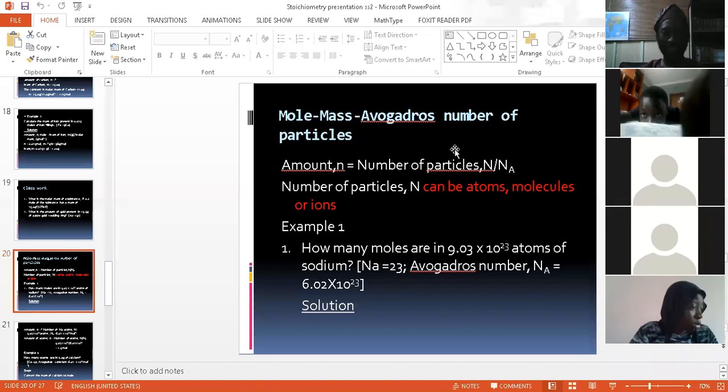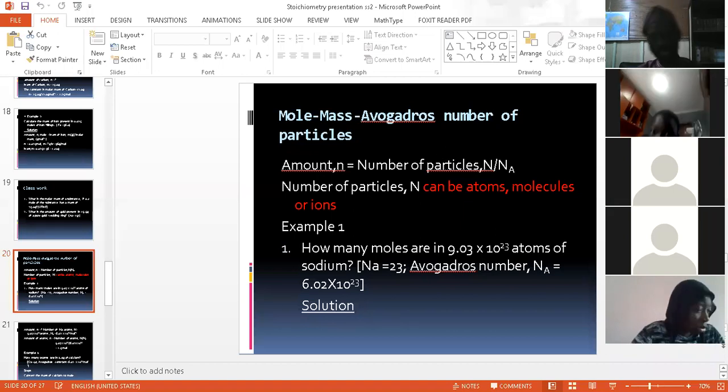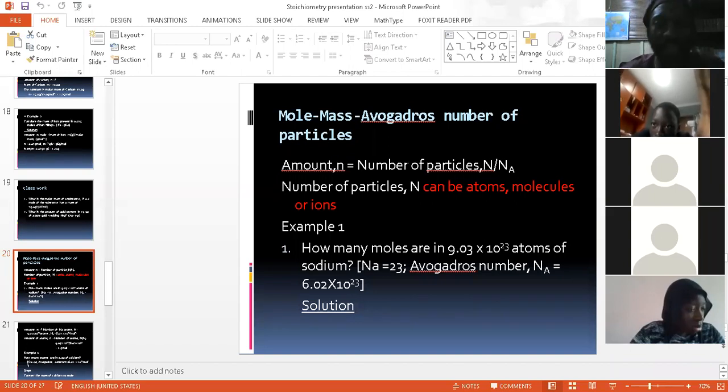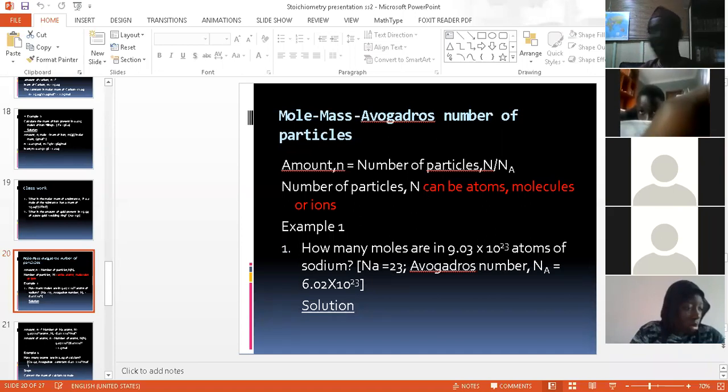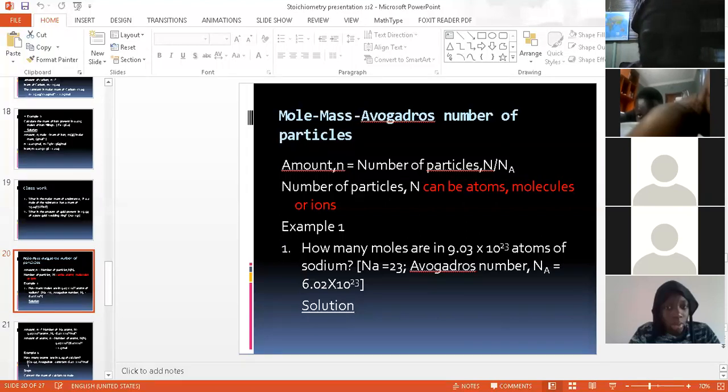So we have looked at the relationship between mass and mole, the calculation involving the mass-mole relationship. This one is based on mole, mass and Avogadro's number. In this case, the formula is: amount is equal to number of particles, which can be atoms, over Avogadro's number.